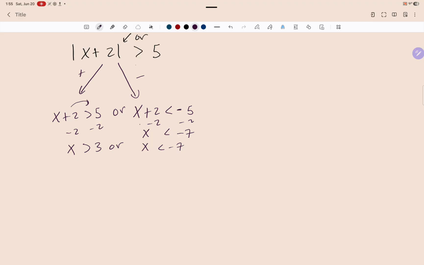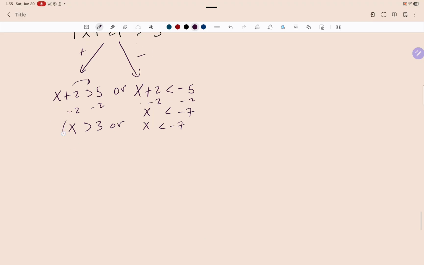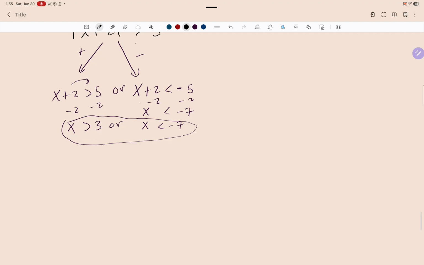So now I have both of these here. Now I have to create my number lines, two number lines, and write the numbers. You have to put them in order, so -7 comes before 3. Looking at this case, I want x's that are smaller than -7.